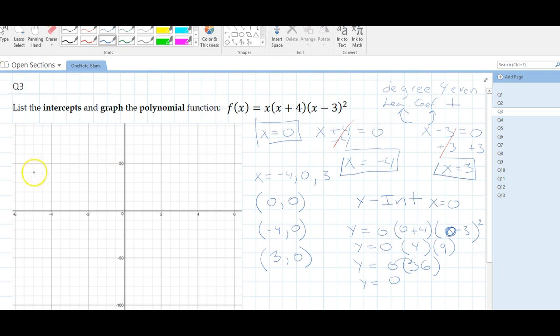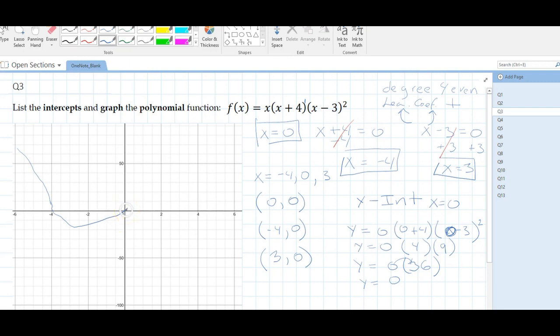So that gives us an idea that the graph is going to come from here. I'm not good at drawing. You're trying to do a better job than me. And it's going to cross because we have an odd exponent. So it's going to cross at negative 4. Somewhere around here, it's going to go up again, and it's going to cross right through the origin.